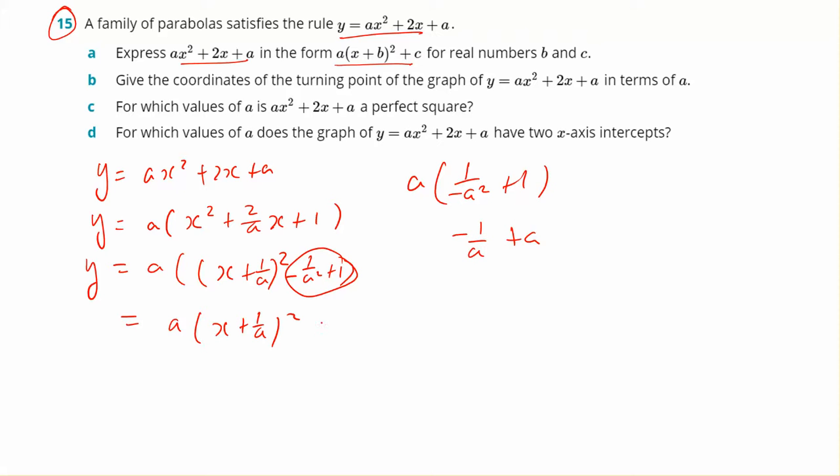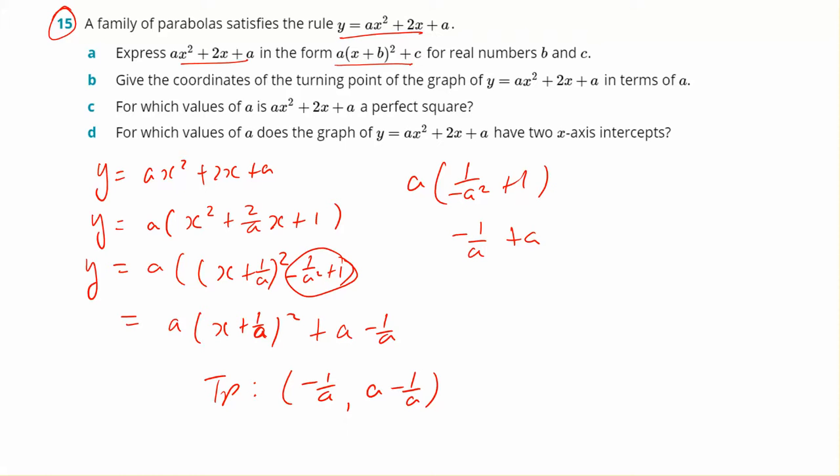So I can rewrite that as plus a minus 1 over a. I've just switched the order around. My turning point would be given by the opposite of what you expect inside the bracket, so negative 1 over a, a minus 1 over a.